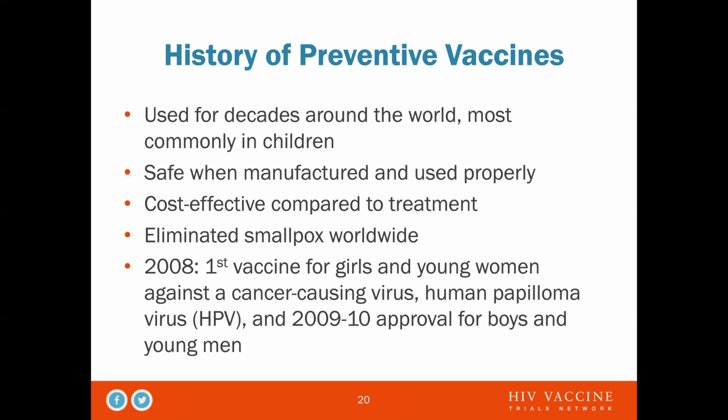They are a cost-effective means compared to treatment. And through the use of preventive vaccines, we've been able to eliminate smallpox worldwide. And in 2008, 2009, and 2010, we saw an approval for an HPV, or human papillomavirus vaccine, for girls and young women, as well as boys and young men.